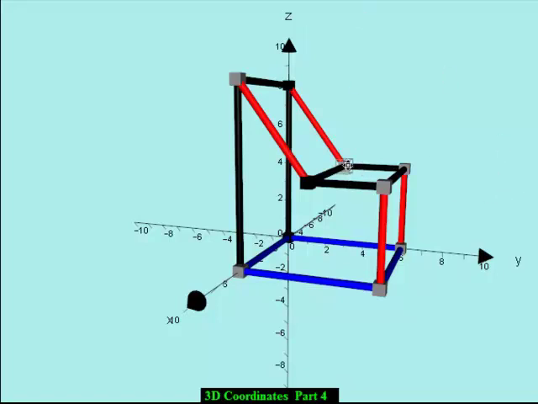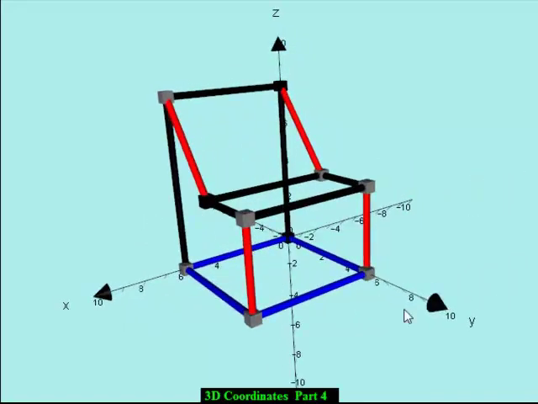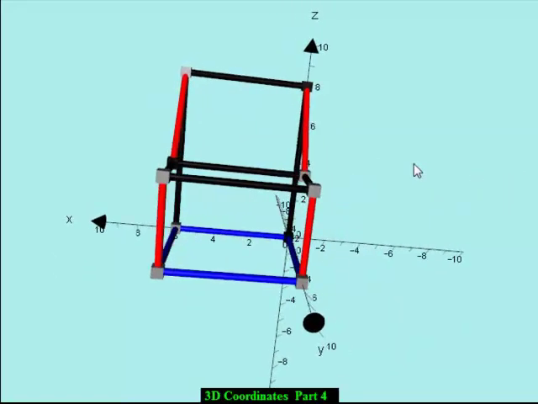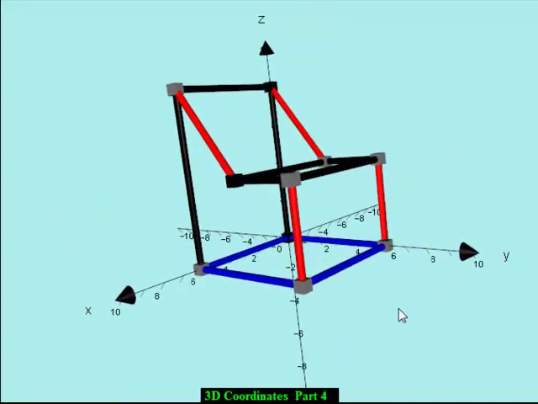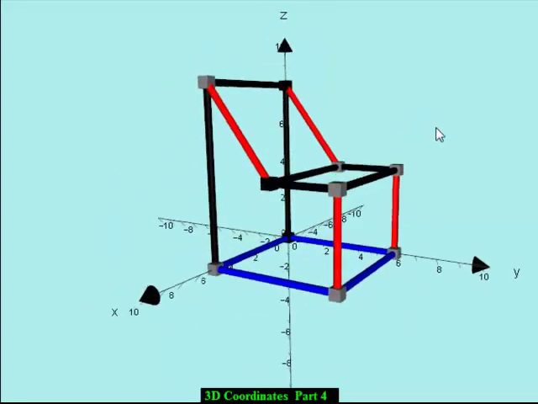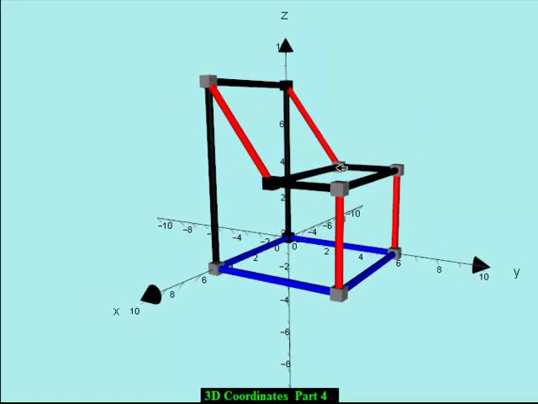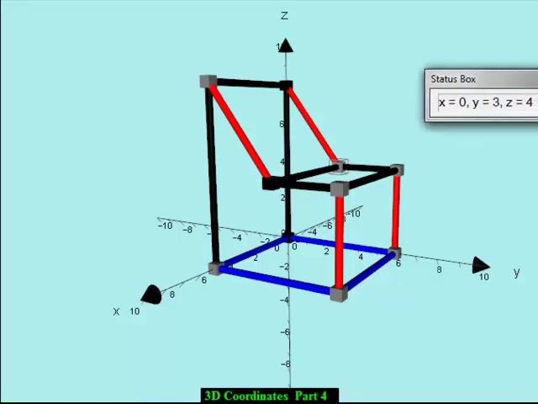And that point there, as I told you, is in the YZ plane. I'm now able to show that to you, I hope. And we can then see what the coordinates were. Okay? So, 0 for x, 3 along the y-axis, and 4 parallel to the z-axis. 0, 3, 4. And there it is.